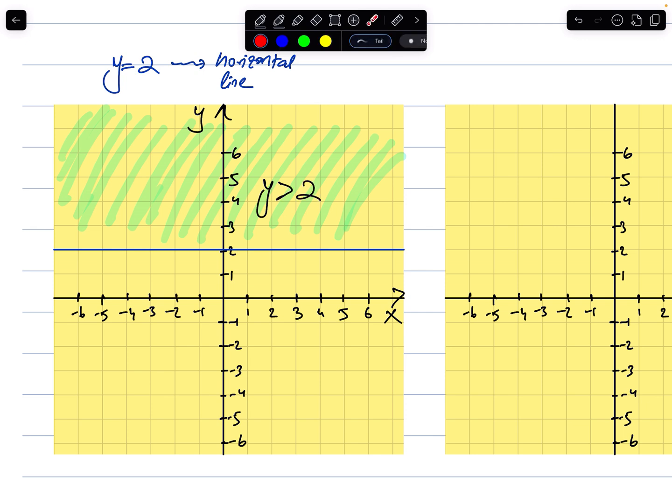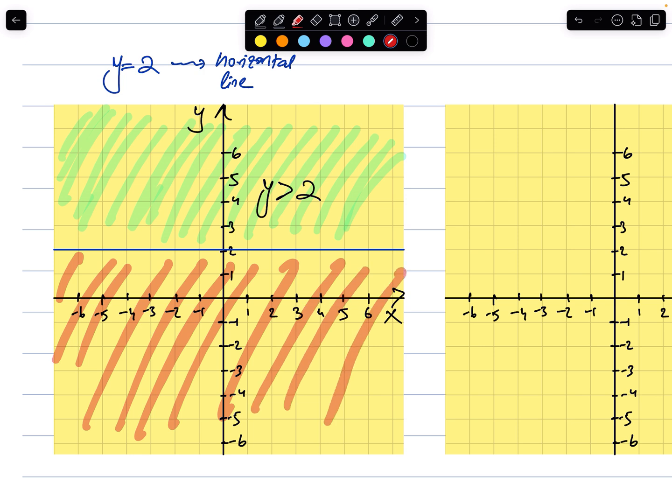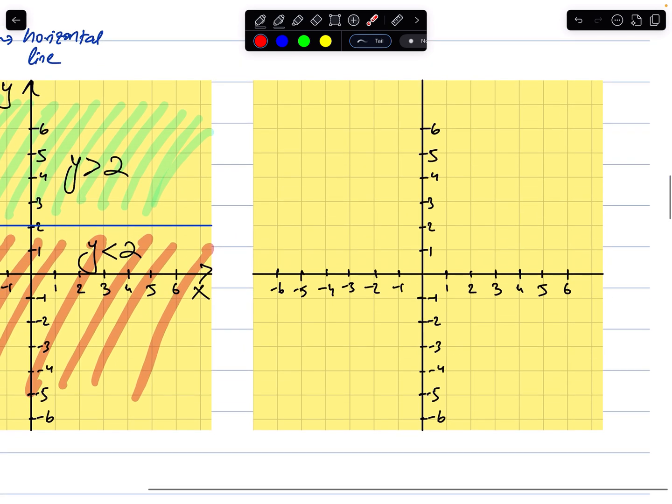If the line is y is equal to 2 then anything above it is y is greater than 2, and anything below it, all of this region, would be called the region y is less than 2. So we need to understand that this line is acting as the boundary, which is y is equal to 2. Anything above it is y is greater than 2, and anything below it is y is less than 2. Okay?